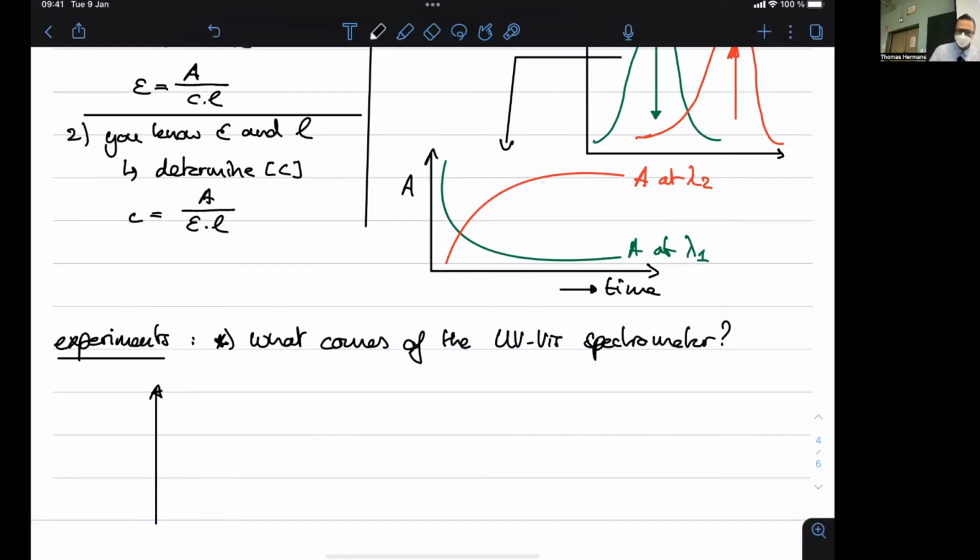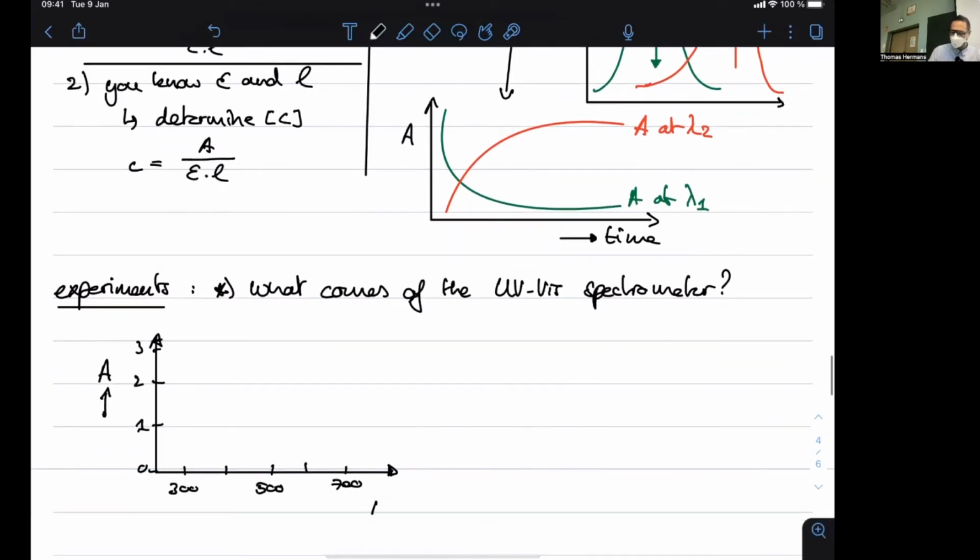So it's the absorbance on this axis, and it will be typically 0, 1, 2, 3 maybe. And here I will have wavelengths, maybe 300, 500, 700 in nanometers, right? Absorbance doesn't have units, dimensionless. And we'll have some kind of curve, right, with lambda max.